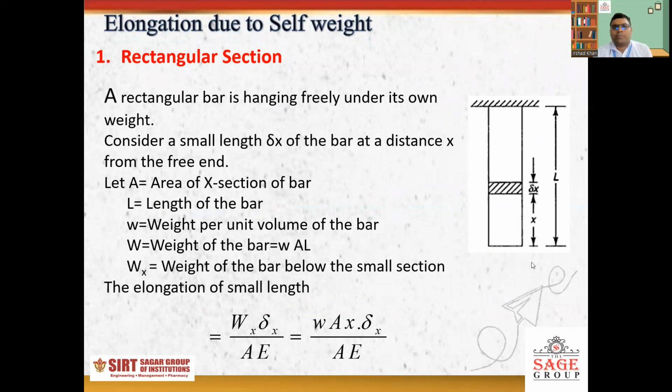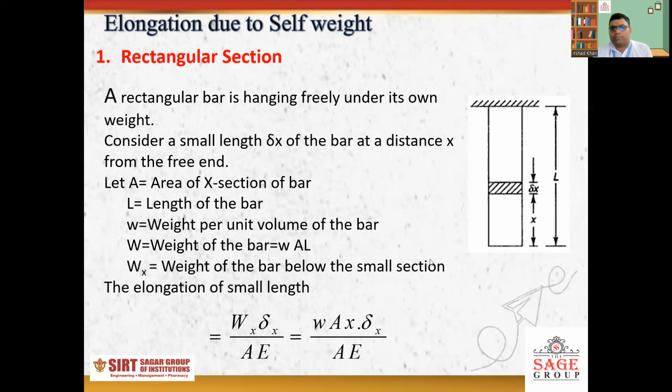Let's consider a rectangular bar which is freely hanging under its own weight, as you can see in this diagram. To get a relation for the elongation due to self-weight, we first take a small section of length del x, located at a distance x from the free end.